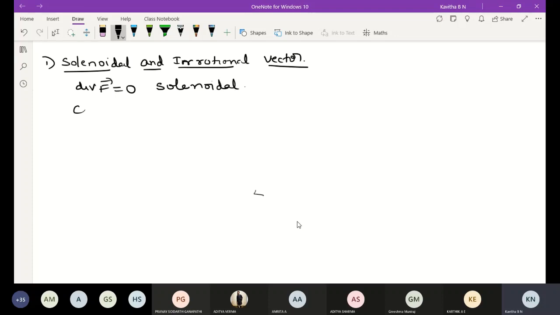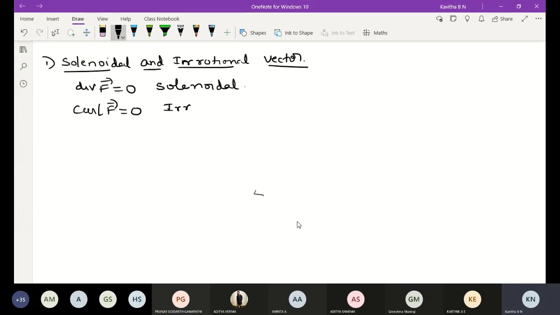Then curl of F vector. If curl of F vector is 0, we call this an irrotational vector, or irrotational vector field, or conservative field, or potential field.